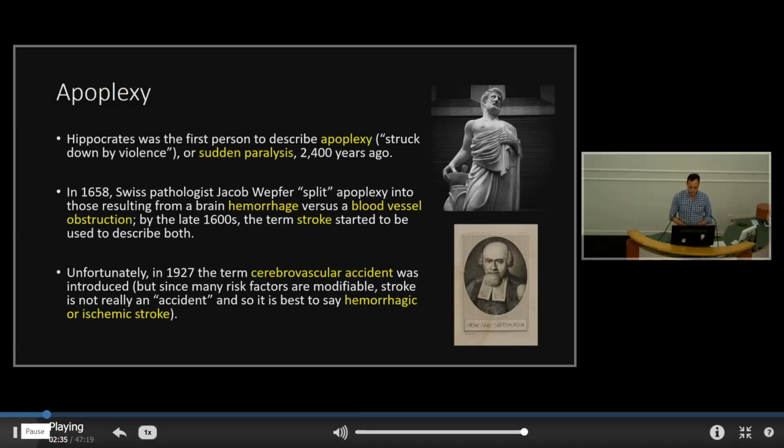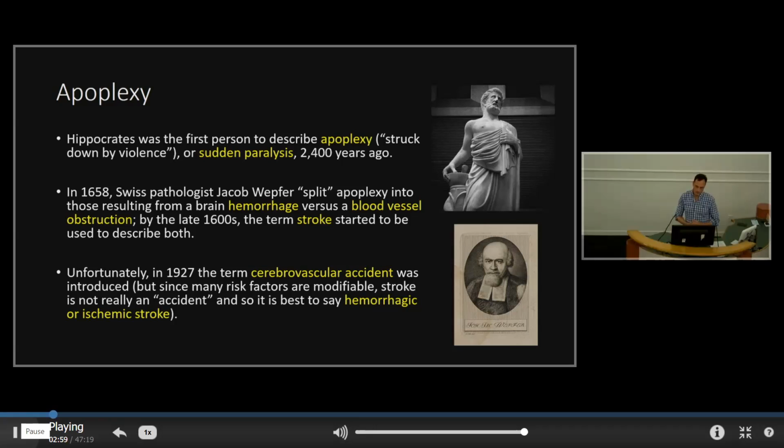Not even a century ago, we introduced the term cerebrovascular accident, which was very unfortunate because not only is it very non-specific, I think the problem was the word accident. Because as you should know, the risk factors for stroke, both ischemic and hemorrhagic, are highly modifiable.